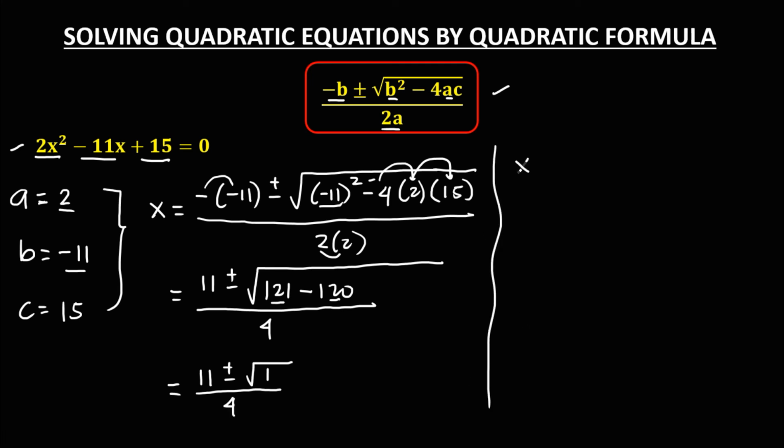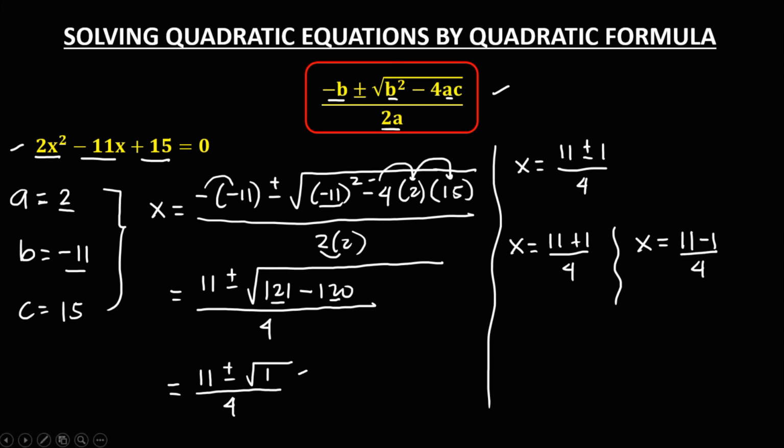Then we have x equals positive 11, then plus minus the square root of 1, that's 1, then over 4. To find the values of x, we have x equals 11 plus 1 over 4. And the other one, x equals 11 minus 1 over 4.